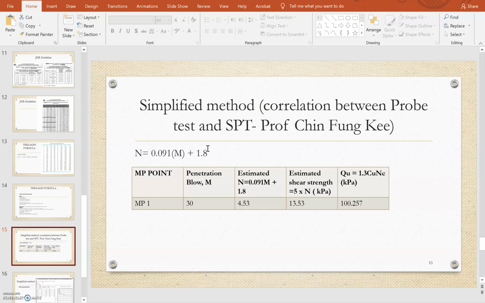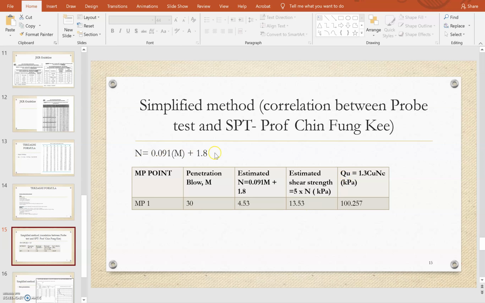The simplified method is the correlation between probe test and SPT N value, represented by Prof. Chin Foong Kee from Malaysia. So I give here the simplified calculation, where you have the MP point number, the penetration blow, and then N value, CU value, and bearing capacity value.